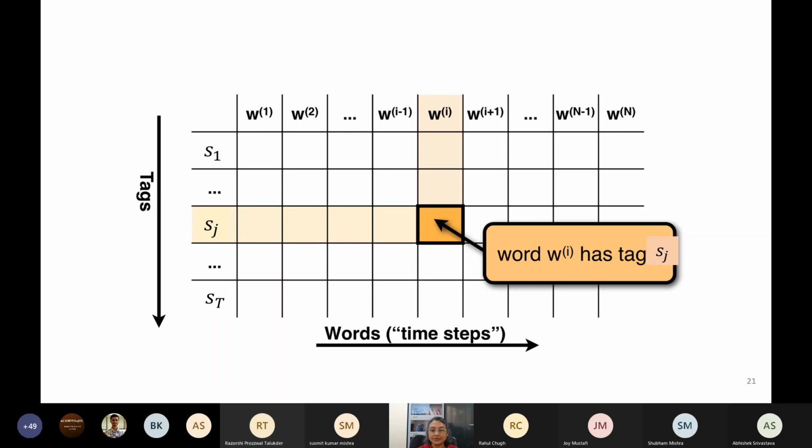So this algorithm just computes this matrix, which has the number of rows equal to the number of tags, and the number of columns equal to the number of words in the sentence, and a particular cell will compute the probability given the word sequence up to now, and the probability that this ith word has the tag Sj, and the maximum way that it can get this.